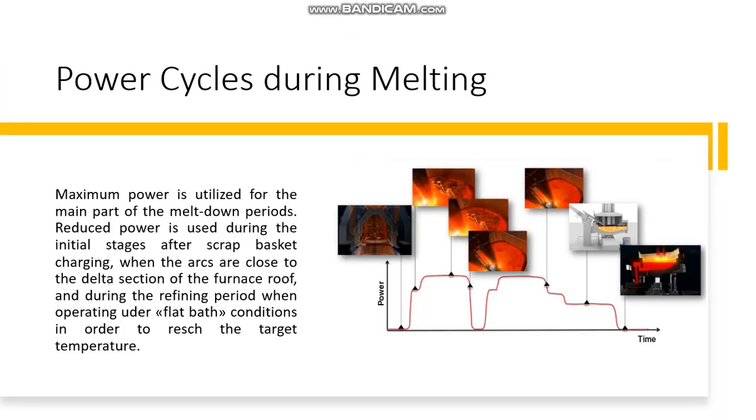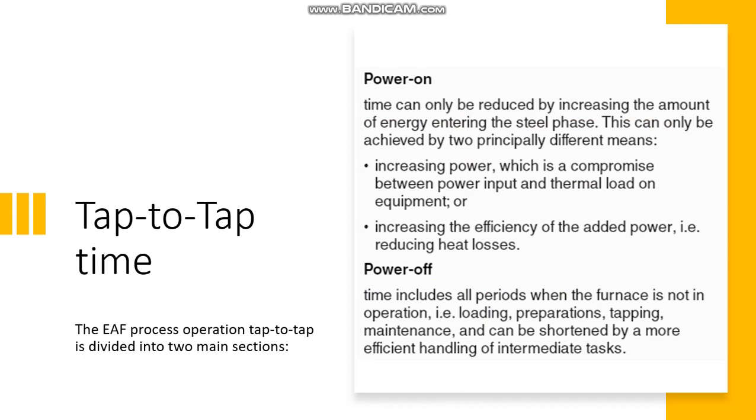For the power cycles during melting, the maximum power is utilized for the main part of the meltdown period. Reduced power is used during the initial stages after scrap basket charging, when the arcs are close to the delta section of the furnace roof, and during the refining period when operating under flat bath conditions in order to reach the target temperature.